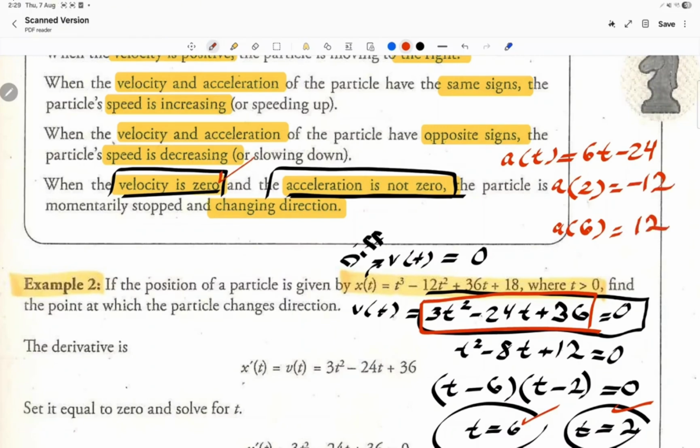So, we satisfied both conditions. The velocity is 0, acceleration is not 0, the particle is now changing directions at 2 times. In the time of 2 and the time of 6. We answered the question with your help.